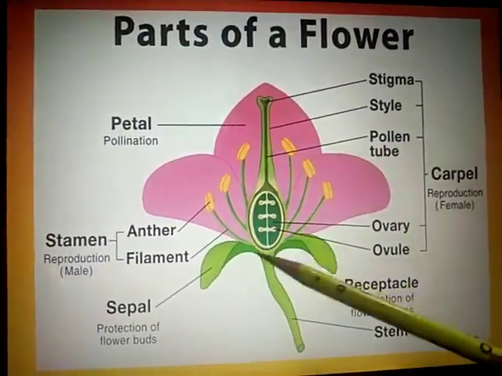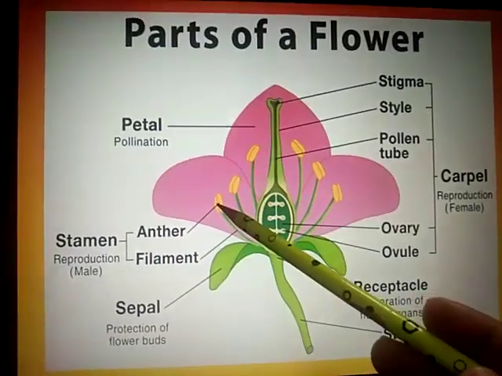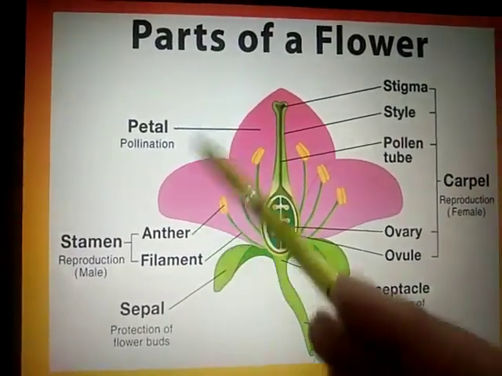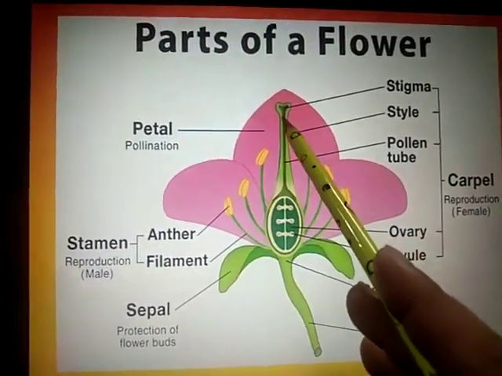Self pollination is the transfer of the pollen grains from the anther of one flower to the stigma of the same flower.